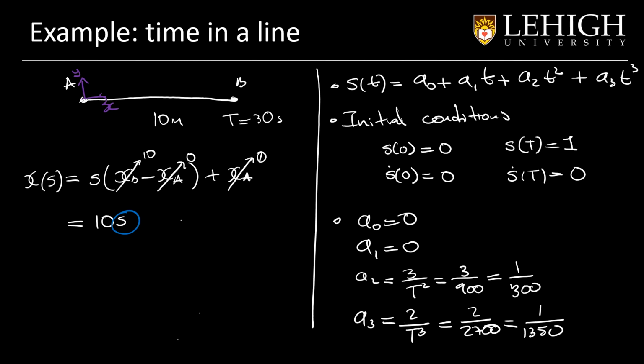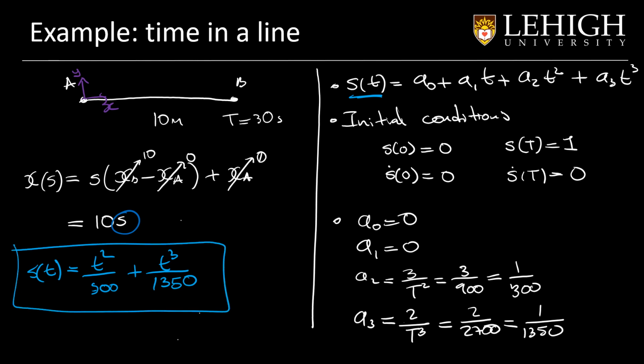As a result, we have our desired function s, and we just need to plug A0, A1, A2, A3 into our polynomial, and we will have that s(t) is equal to t squared over 300 plus t cubed over 13500, and this is the function that will describe how the robot moves in the s parameter.